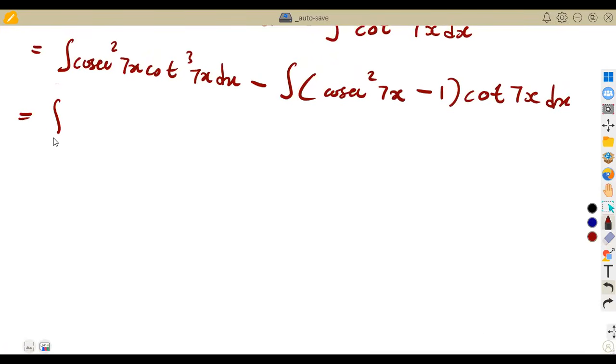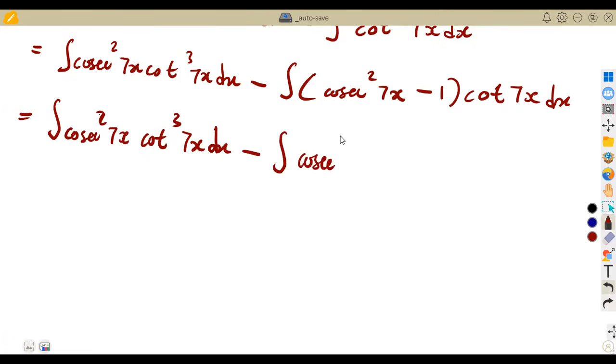Like I said, this one you just rewrite as it is, the integral of cosec squared 7x cot 7x with respect to x minus, all right, so here we're going to expand this cot into the bracket, all right, but there's a minus that is already outside. So it's going to be minus the integral of cosec squared 7x times cot, so it's going to be cot 7x.